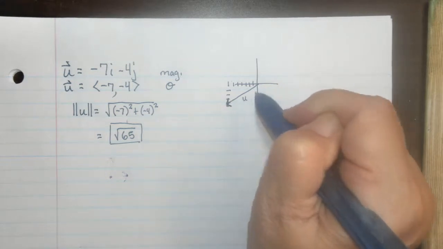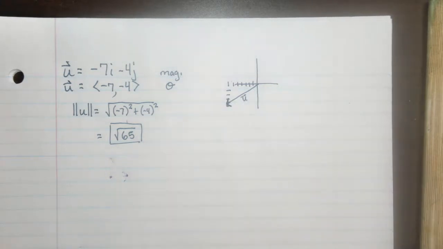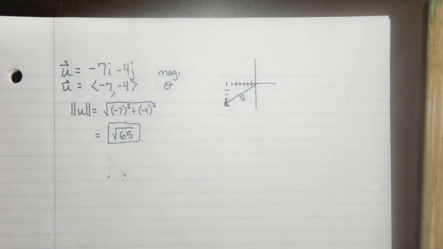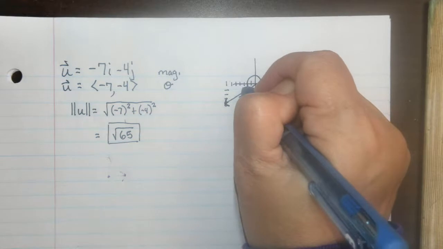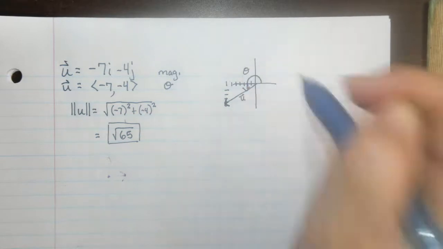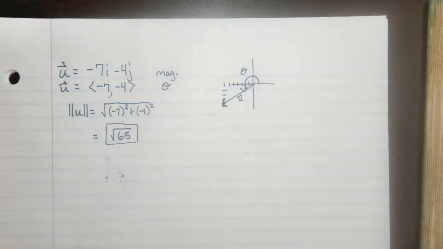So this is vector U. So this is my angle. So I know that my angle is in which quadrant? Third quadrant, right? Quadrant 3.